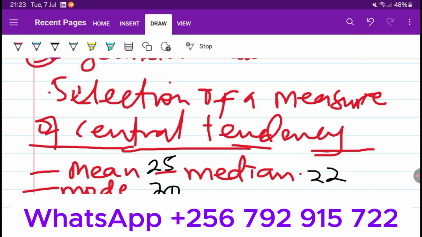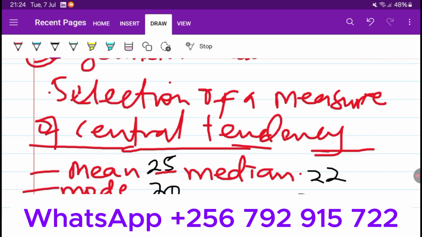So you look at the individual data set and you look at how the data is spread. You may find that in the data set we have 21, 22, 23, 24, 25. Or you may find a data set that is maybe 21, 22, 21, 22, 21, 19, 10, like that.